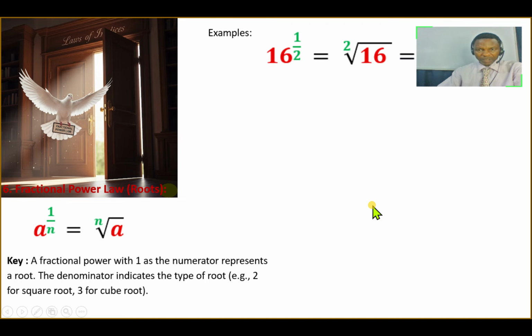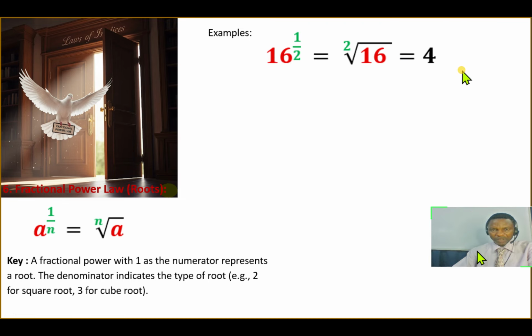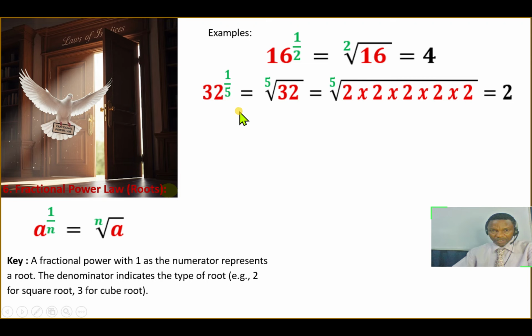So 16 raised to the power half is the square root of 16. So 32 raised to the power 1 over 5 is the fifth root of 32.